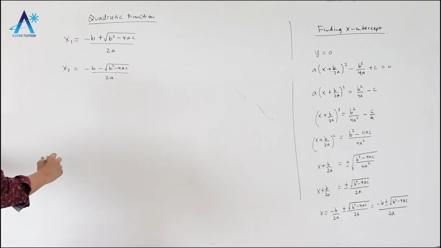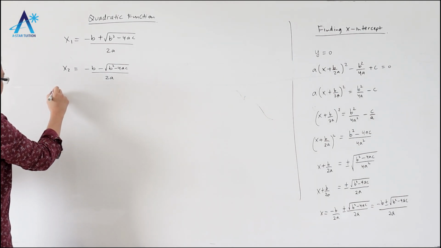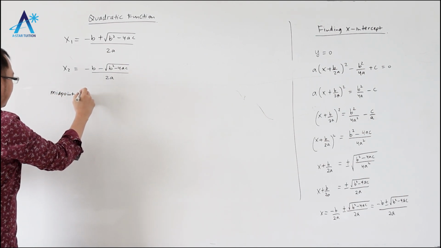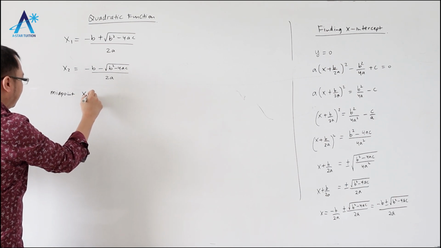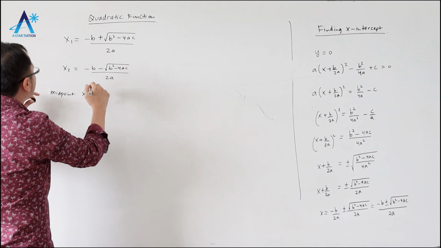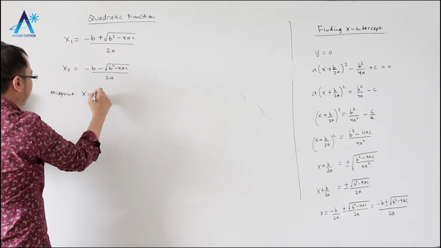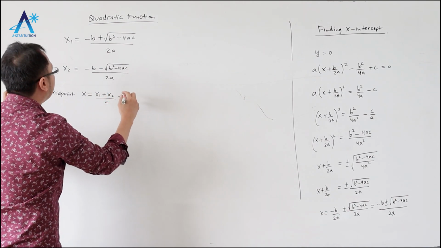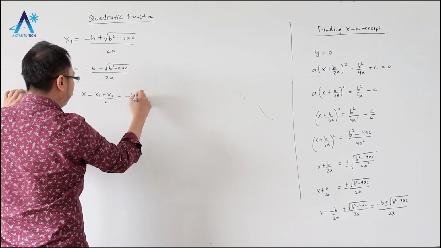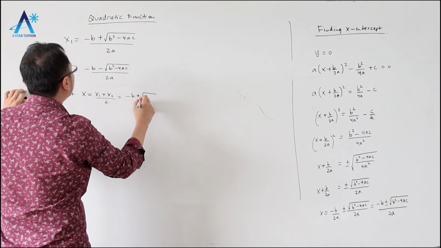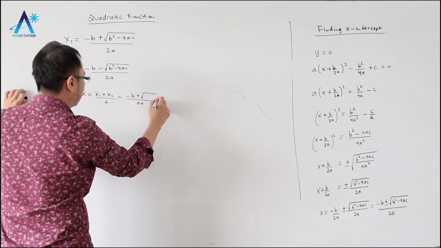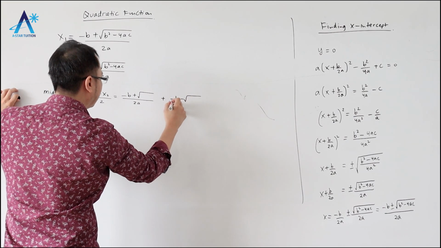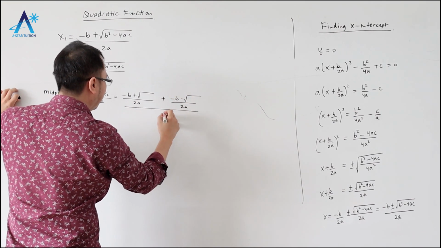Okay. In addition to this, we are also interested in finding the midpoint. The midpoint is defined as the average of these two. So it's x1 plus x2 over 2, which is equal to negative b plus the square root over 2a, and then plus negative b minus the square root over 2a, divided by 2.